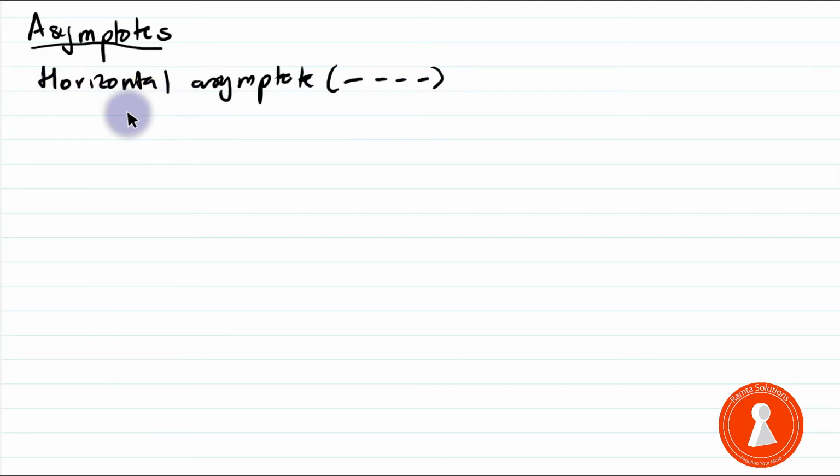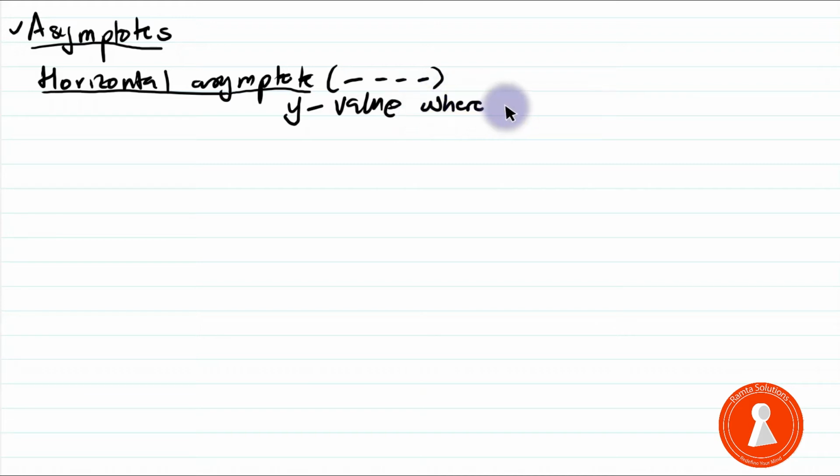Basically, this is a Y value, not an X value. It's a Y value where the graph does not exist. Let me just use the word invalid. Where the graph does not exist.